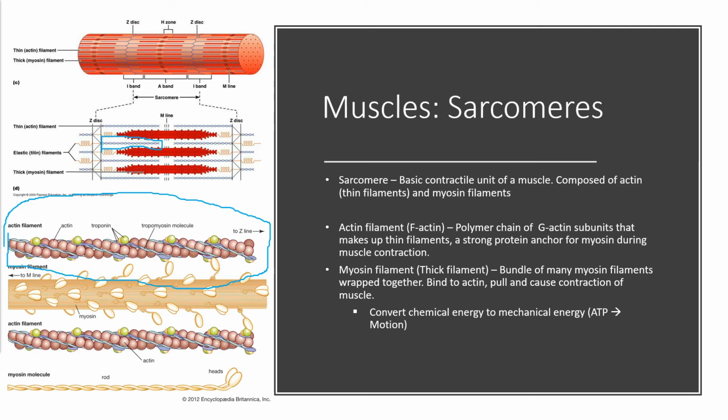So myosin come together like a twisted string or a rope with lots of braids and form a structure called the thick filament. And you can see that right here in the image. So this is the thick filament, and down here to the bottom is a myosin molecule. And you can see that they're braided together and they have these two little motor heads.